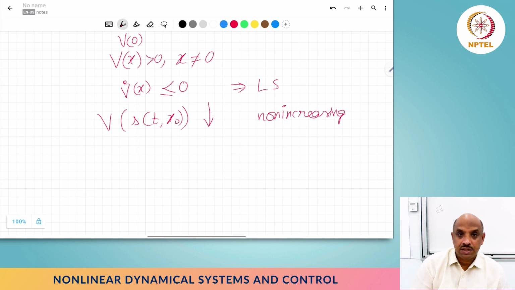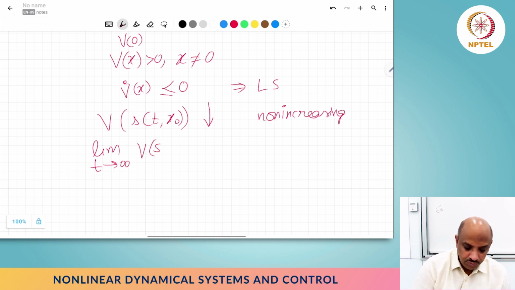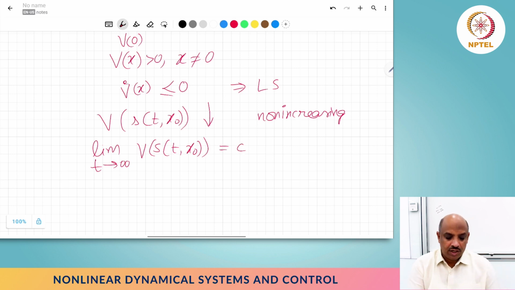So one of the nice things about such functions is that as a function of time, this is monotonic. That means it is either going to remain the same or decrease, right? So one of the nice things is that the limit of such functions exists. Let's call that C. Because V is a non-negative function, V of 0 is 0 and V of x is positive otherwise, C could be either 0 or positive.